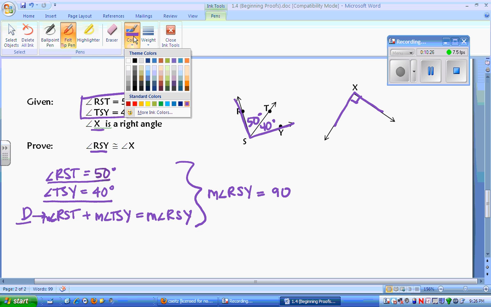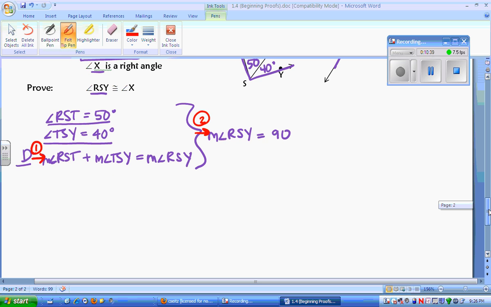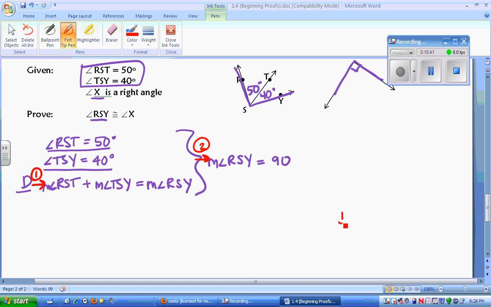Okay, so I have to go ahead and put my reasons. Every time I have an arrow, I need a reason. So this is 1. Let's say this one is going to be 2. Okay, so I mentioned this before. Remember, this is called the angle addition postulate. Angle addition. Okay, can always take that from a diagram.